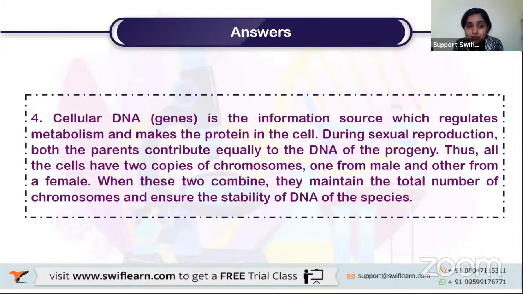During sexual reproduction, both the parents contribute equally to the DNA of the progeny. Thus, all the cells have two copies of chromosomes, one from the male and the other from the female. When these two combine, they maintain the total number of chromosomes and ensure the stability of DNA of the species.